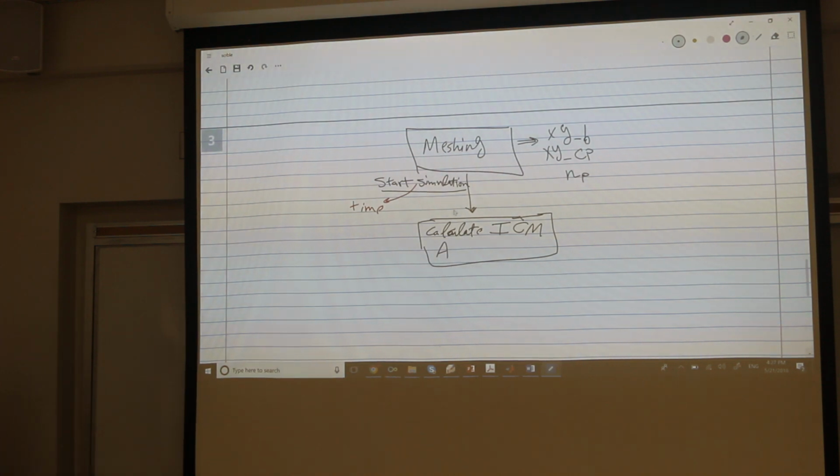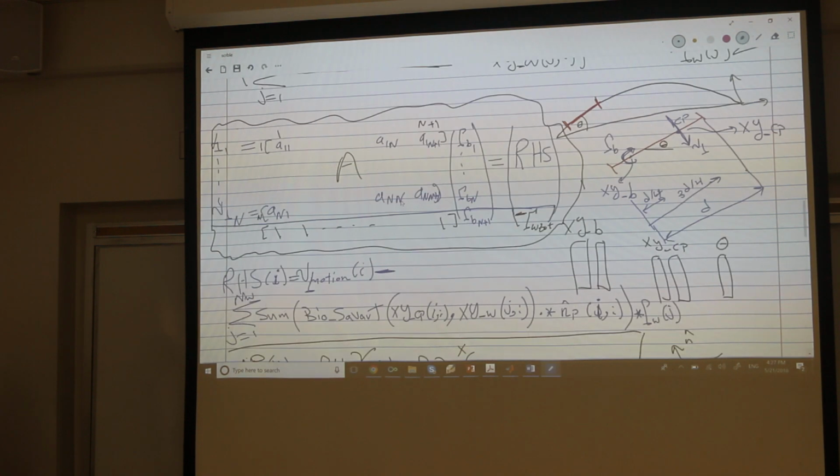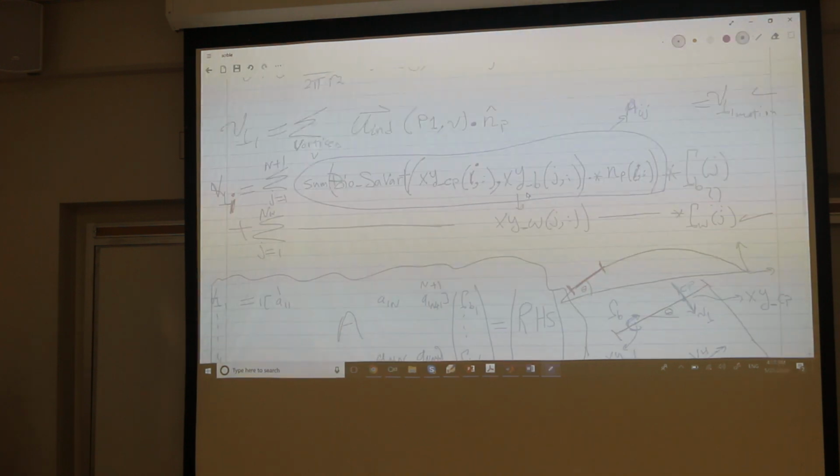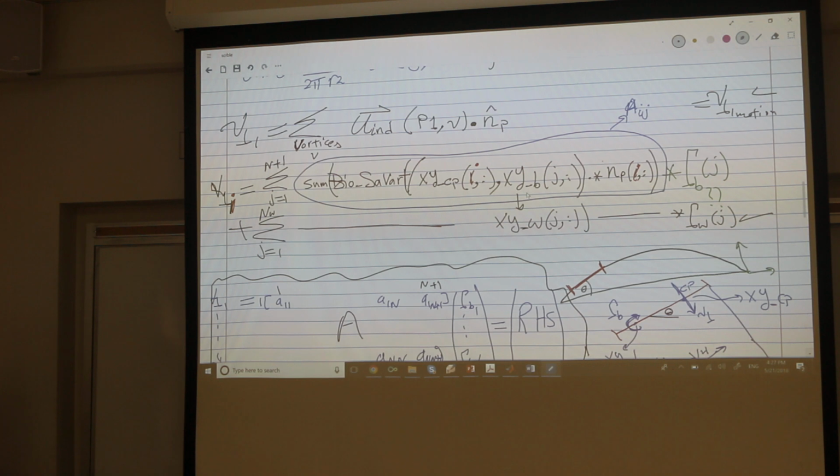Because look at this. What does matrix A need? Here is Aij. Well, it just needs xy bound and xy control point and the normal. If you have these, it's pure geometry. If they are fixed, so if you don't have flexibility, actually you can do it offline, outside of the simulation loop.